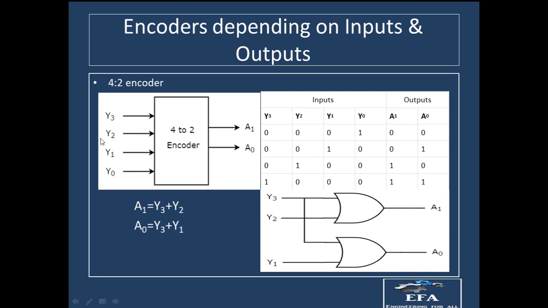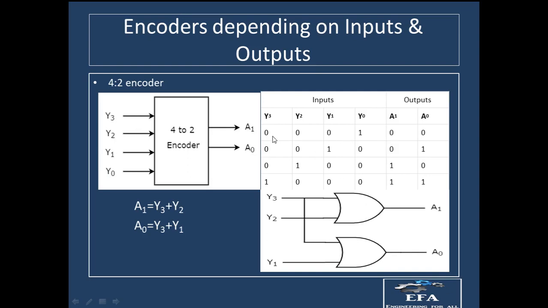When we are talking about this combination, you can see that there can be 4 combinations coming at the input: 0 0, or 0 1, or 1 0, or 1 1. So it means that out of these input lines, only one input line will be carrying the information at a time. It can be clarified with the help of this truth table.